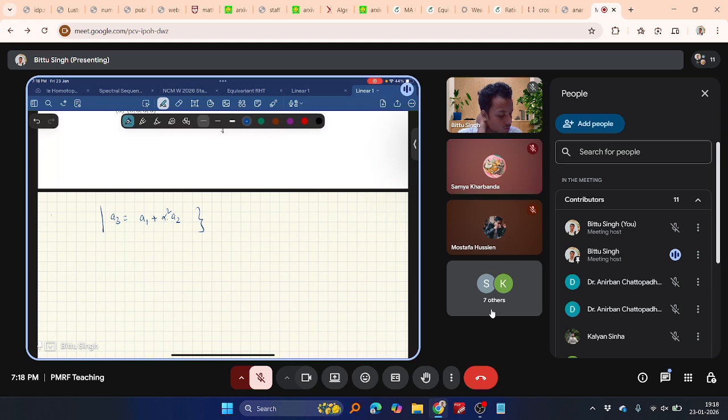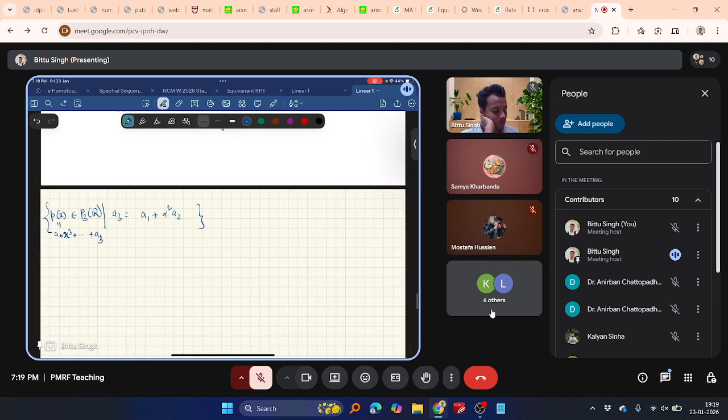We are considering all those polynomials P(x) belonging to P3, polynomials over R. So P(x) will look like A0 x cube up to A3. So there is a relation between the coefficients of those polynomials given by this relation.